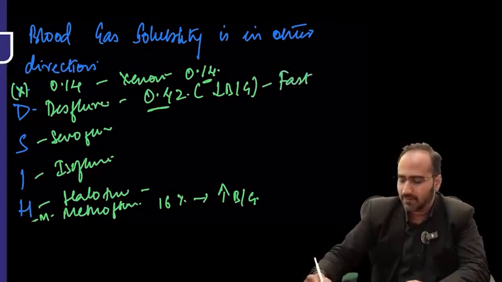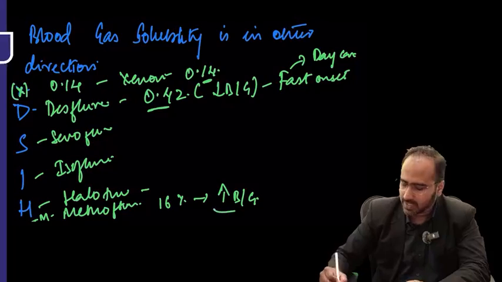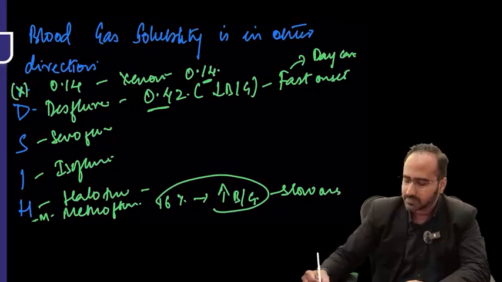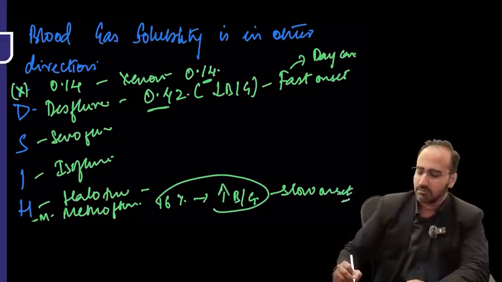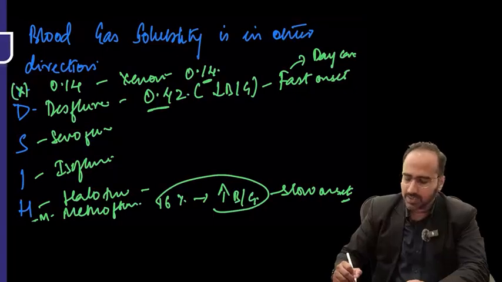It will be fast onset and fast recovery, hence used for daycare surgery. Whereas methoxyflurane has slow onset, right? So this is regarding the blood gas coefficient.